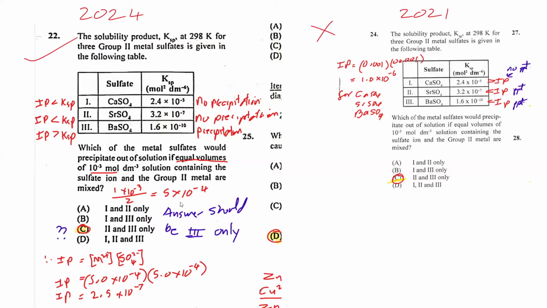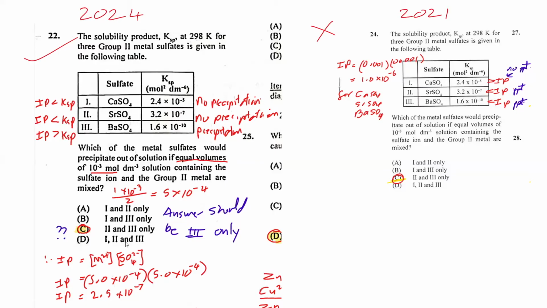Now, when you compare the IP values with the KSP values in the table, you'll see that the IP would be less than the KSP for 1 and 2. Therefore, no precipitate would be formed for those two sulfates. But the IP would be greater than the KSP for barium sulfate. That's the only one that should form a precipitate.